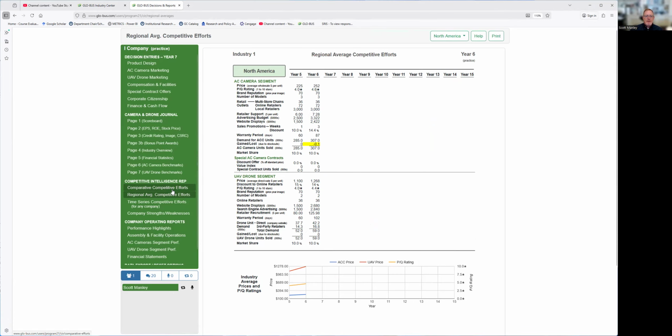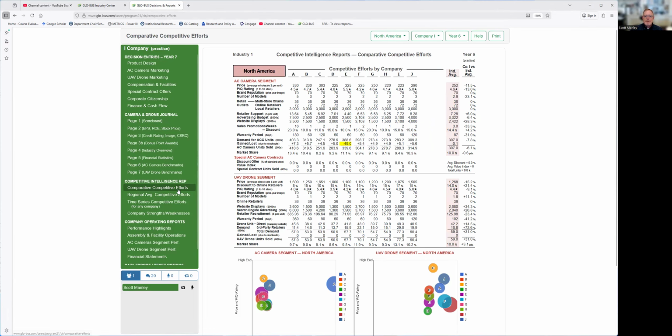In the comparative competitive efforts, you'll see that company I, in terms of market share, had 9.4% in North America. That's lower than expected. For Europe, Africa, I had 9.8% market share.